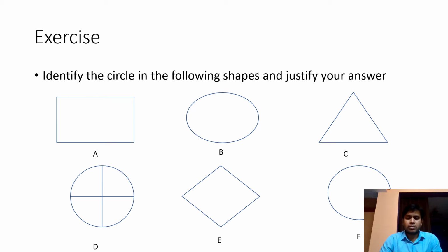So come to the first exercise. What we have learned, how we can identify. The exercise is: identify the circle in the following shapes and justify your answer. We have learned that a circle is a figure drawn by connecting all the points at equal distance from a particular center. So let's apply.